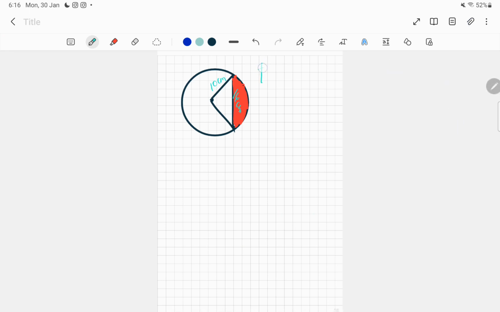So, we're going to find the area of a shaded segment. So, ibig sabihin, hanapin natin yung area nitong naka-shade na red. Okay?